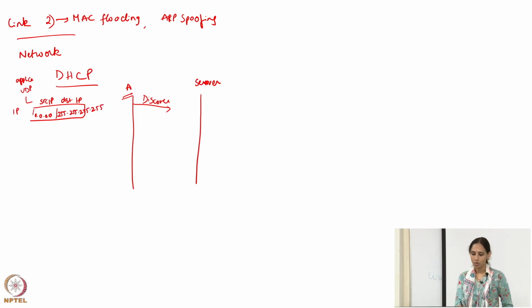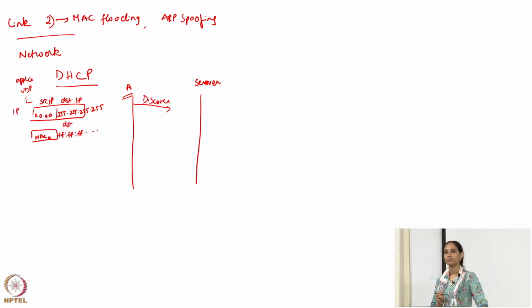Now when this goes to the link layer, in the MAC you can put your own MAC because that address you will know. So this is MAC of A, whereas the destination will be a link layer broadcast, which will be FF:FF:FF:FF:FF:FF.